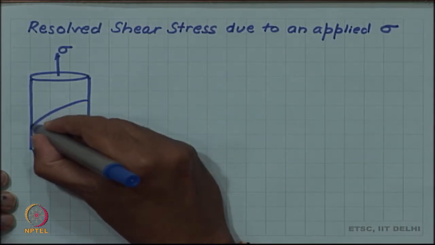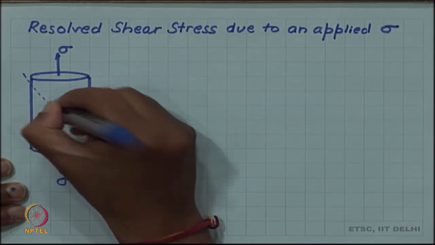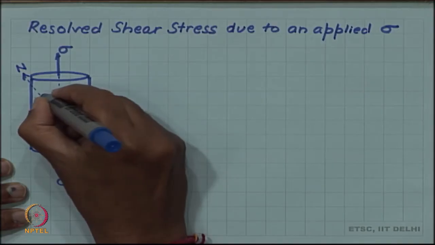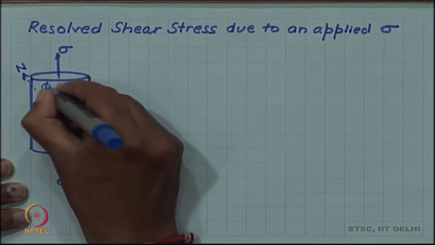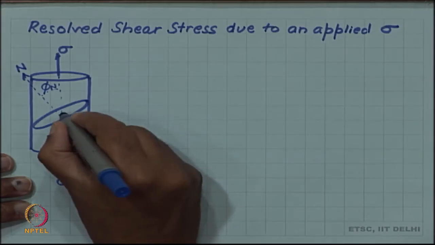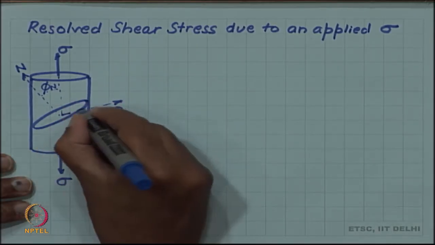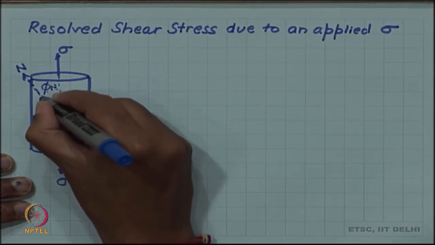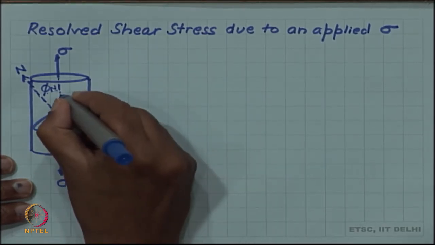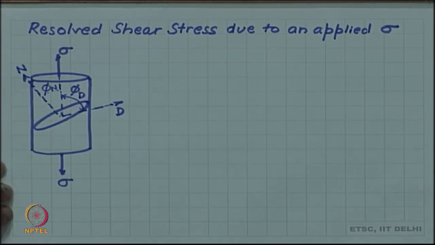I am including an inclined slip plane such that the normal n to the slip plane makes an angle phi n, and let us say d is the slip direction, and the tensile stress makes an angle phi d with the slip direction.